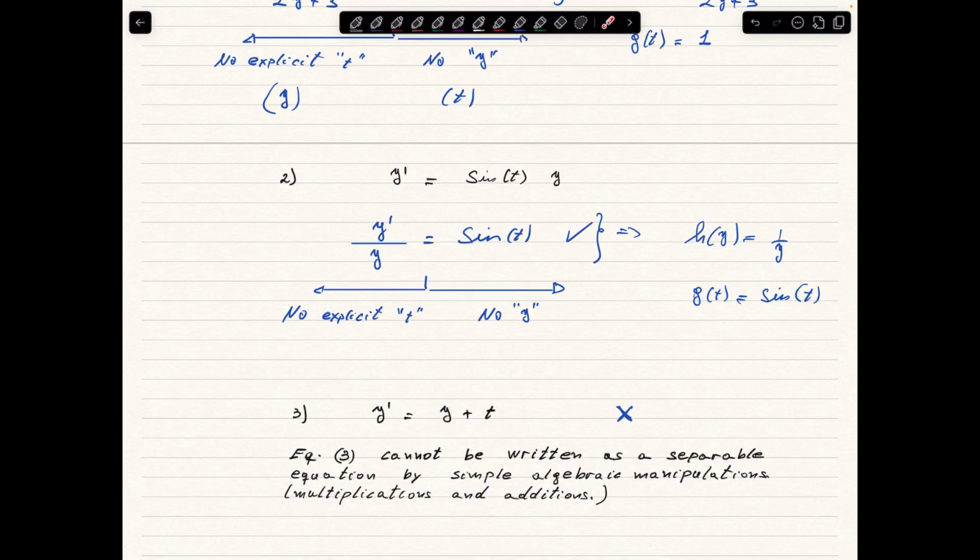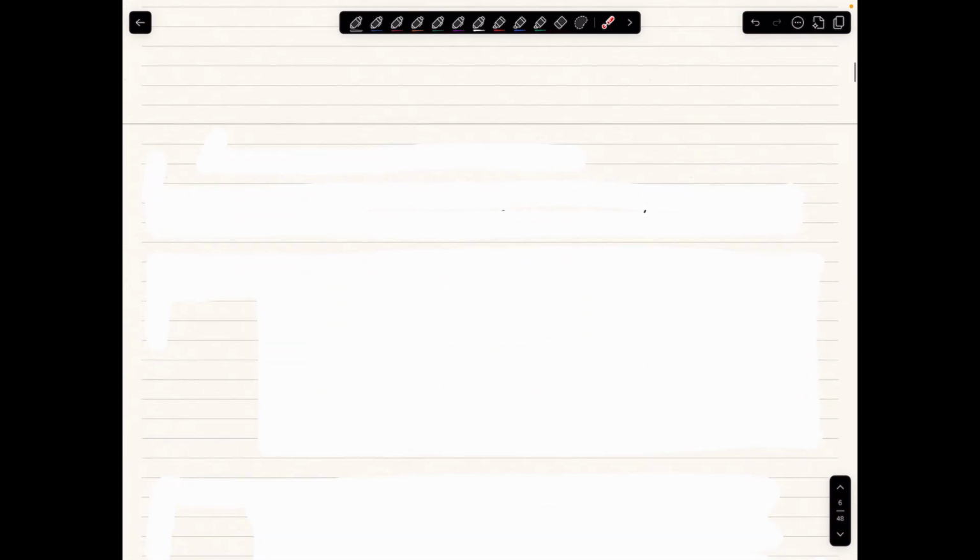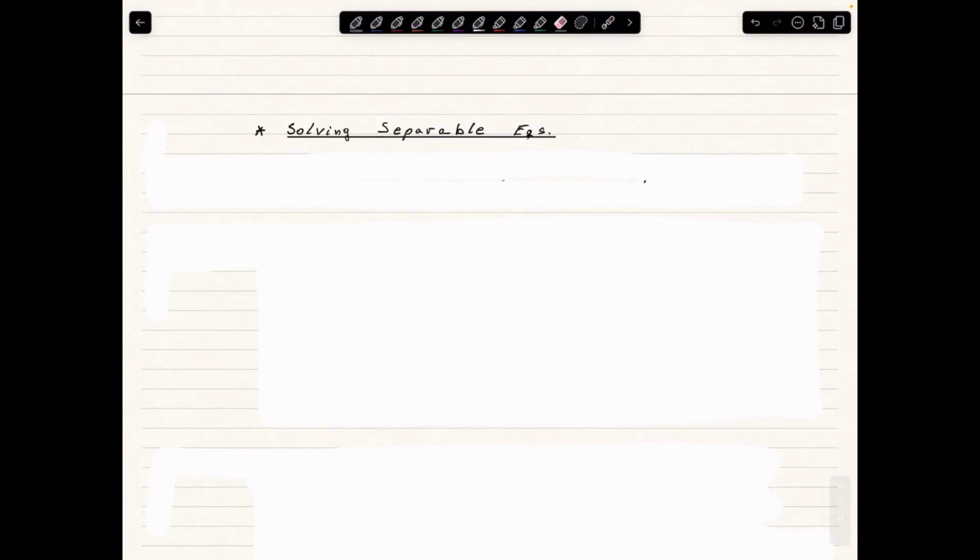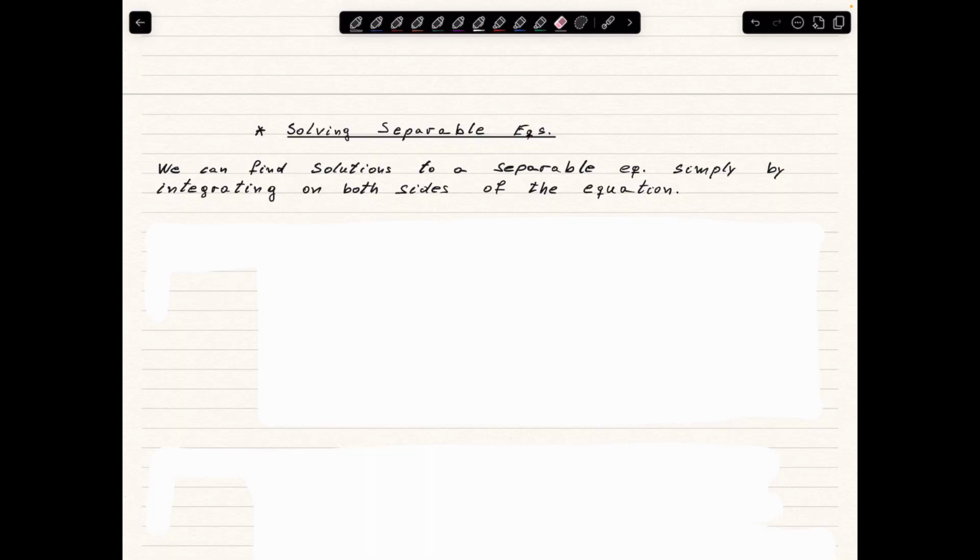So these are separable equations. Next, we are going to see how we can solve these equations. So let's solve separable differential equations. We can find solutions to a separable differential equation simply by integrating on both sides of the equation.